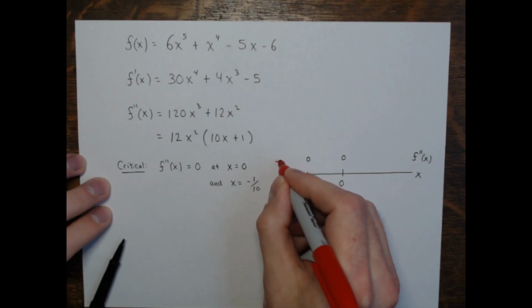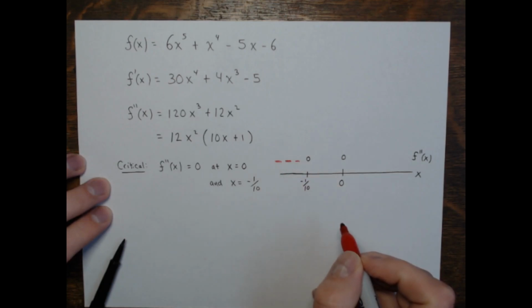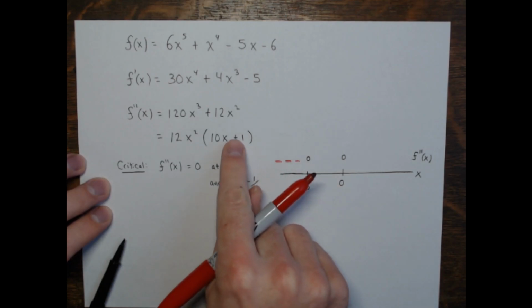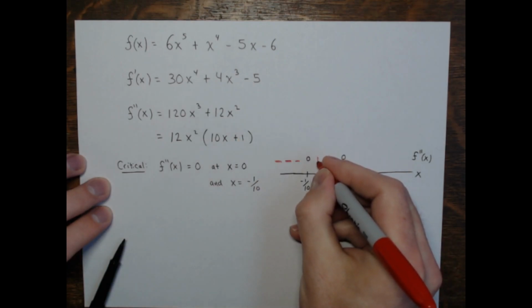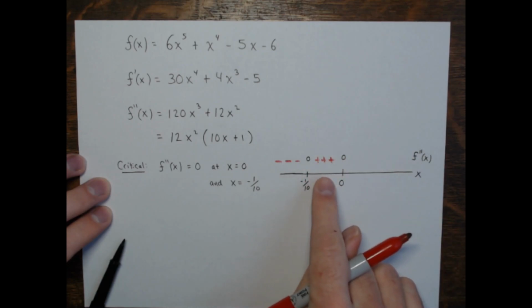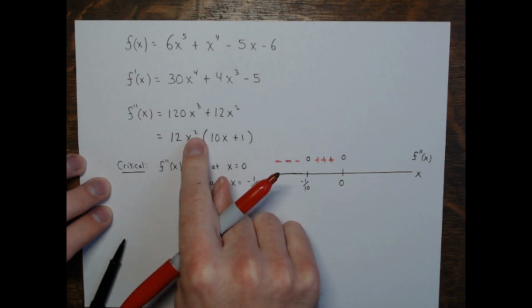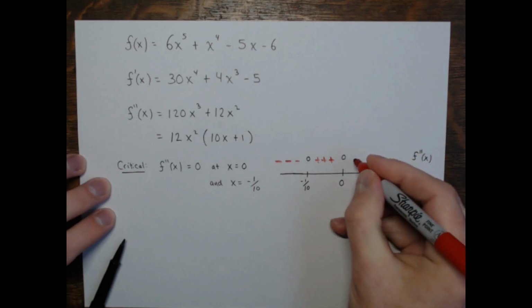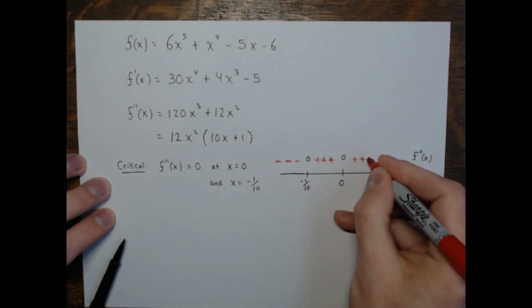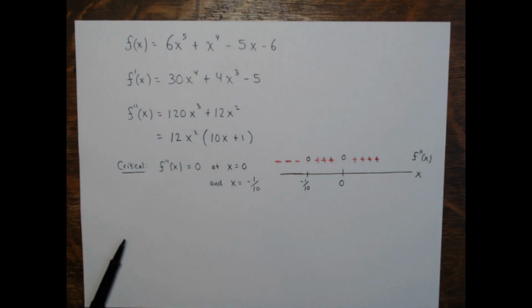You'll have negative values to the left. The second derivative should be negative to the left of negative 1/10. The multiplicity of negative 1/10 is 1, so it's going to change sign there. Be positive second derivatives between negative 1/10 and 0. And then 0 has an even multiplicity, multiplicity 2, so it's not going to change sign at those even ones. So still positive second derivative.